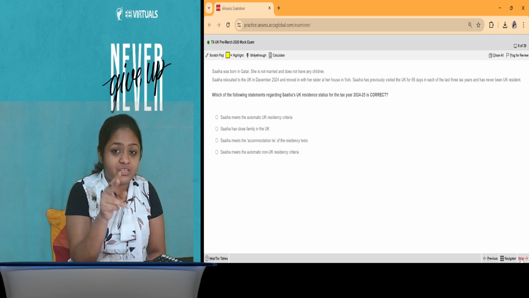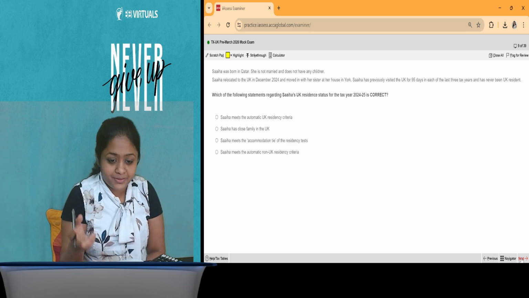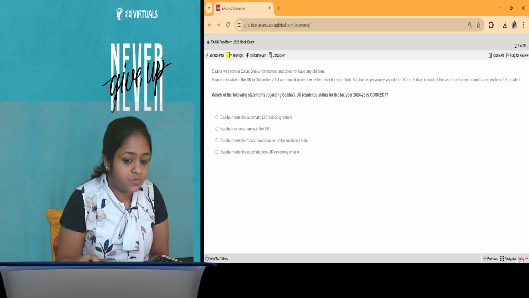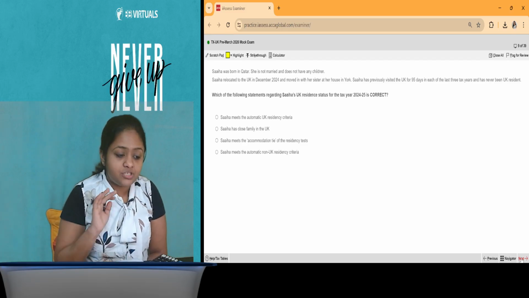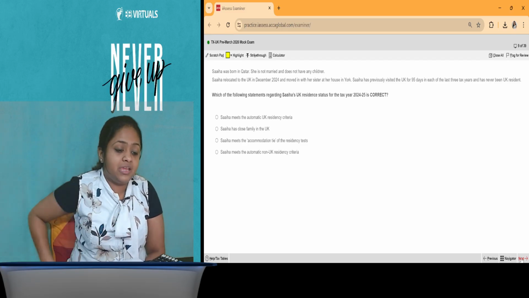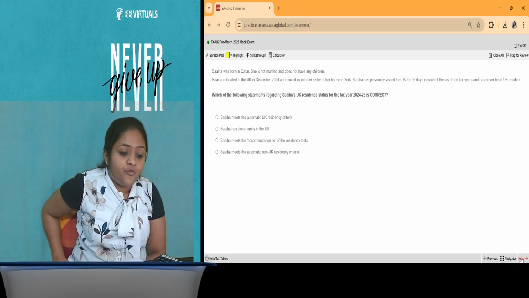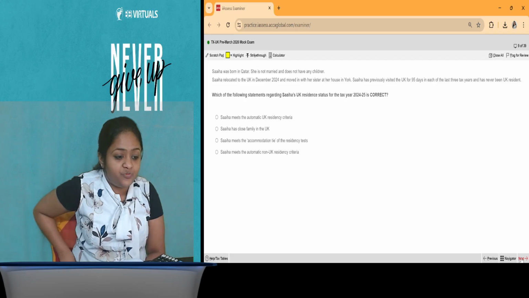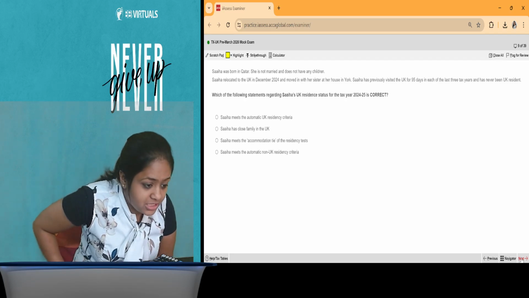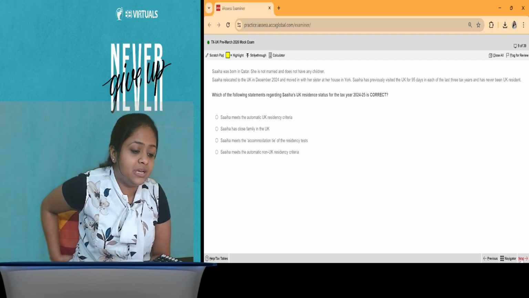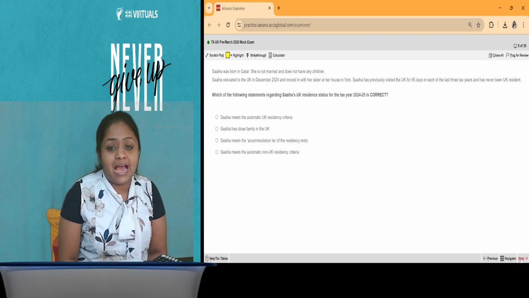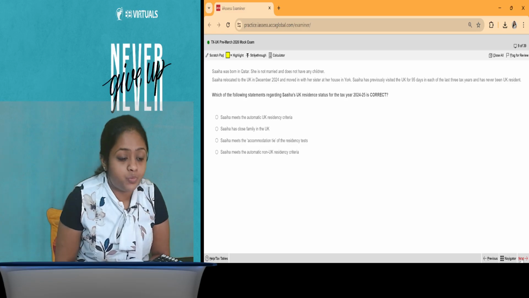So there's a requirement for the last 2 tax years, that 90 days clause, remember? Right. And has never been a UK resident in the past. Which of the following statements regarding Sahia's UK resident status for the tax year 24-25 is correct? Now she relocated to UK in December 24. Your tax year ends on 5th April 25.